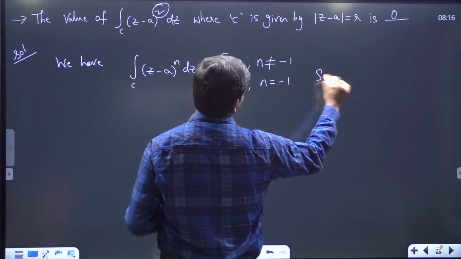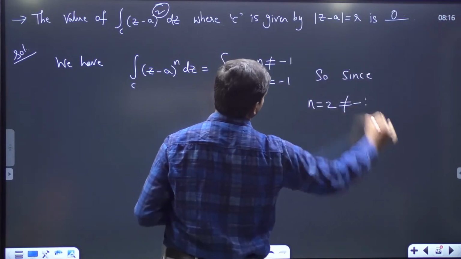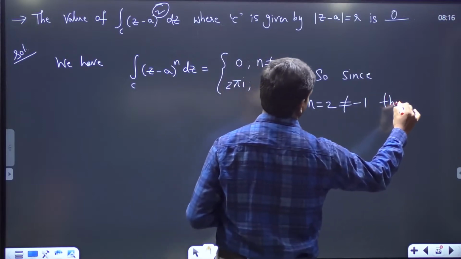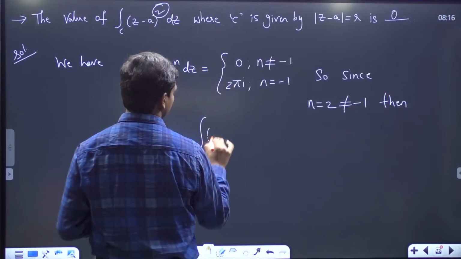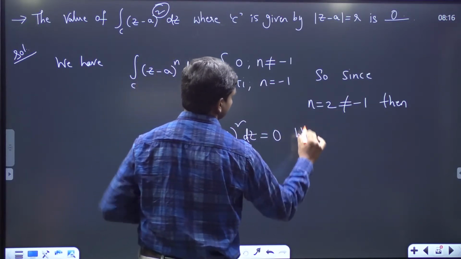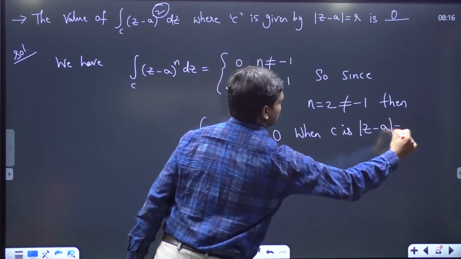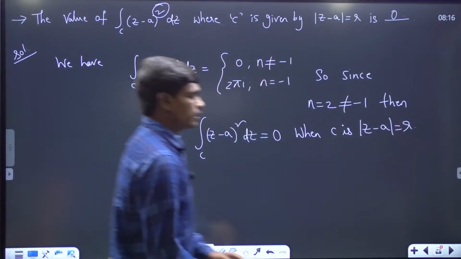So since n is equal to 2, which is not equal to -1, the integral over C of (z minus a) whole square dz is equal to 0 when C is modulus of z minus a is equal to r. Okay, so this is what we have.